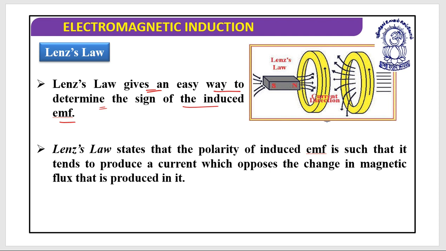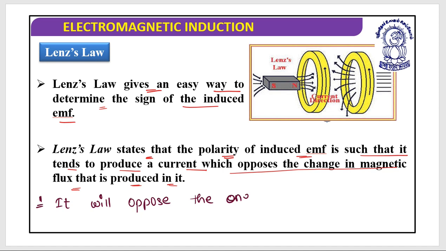Lenz's law states that the polarity of induced EMF is such that it tends to produce a current which opposes the change in the magnetic flux that is produced in it. In certain books, it has been written that it will oppose the one which will produce it.